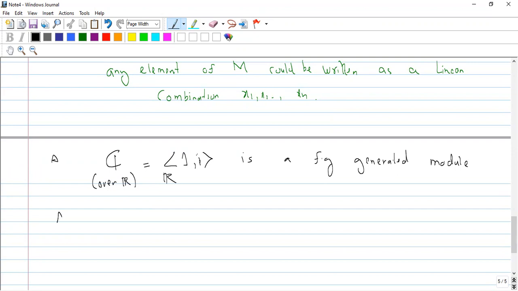In fact, any cyclic module is a finitely generated module. Any cyclic R module है क्योंकि उसका तो एक ही जनरेटर होता है. Any cyclic R module is a finitely generated module.